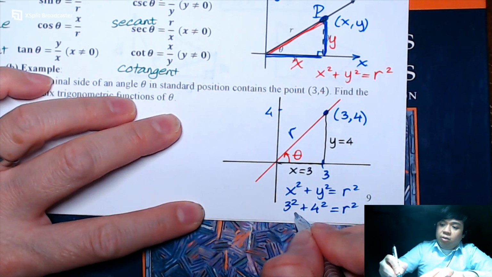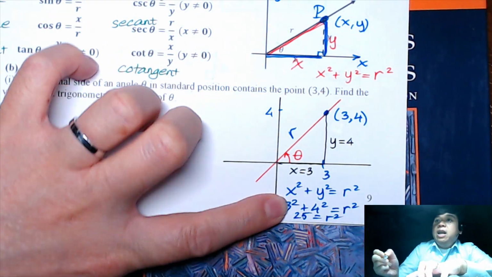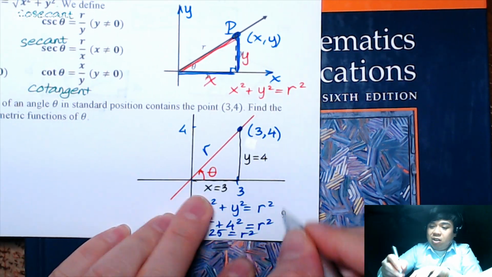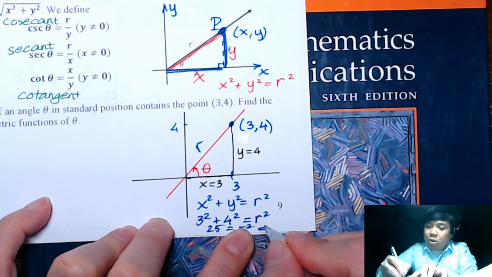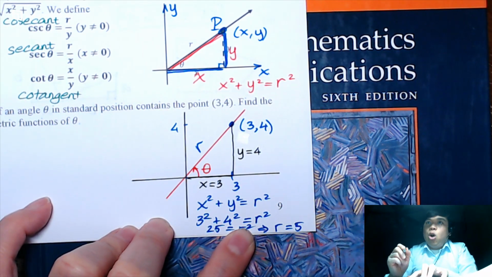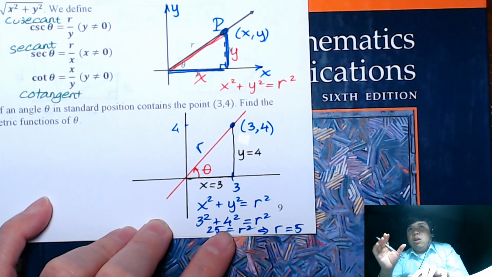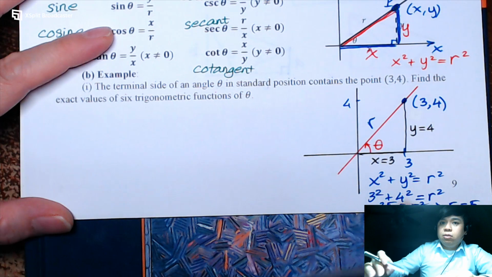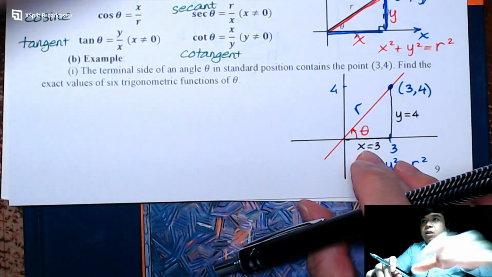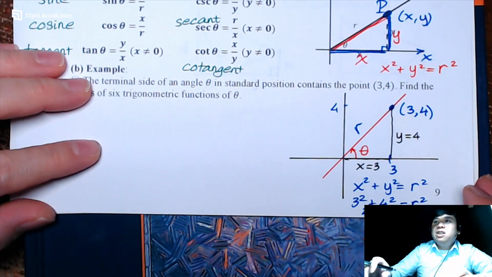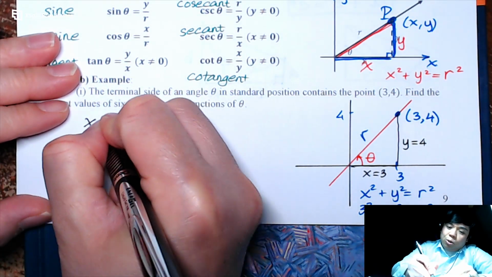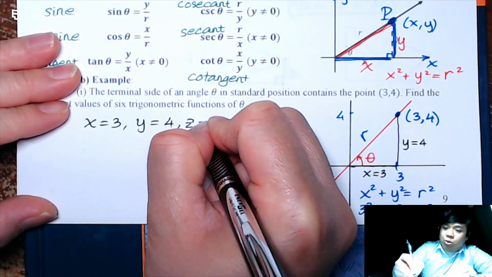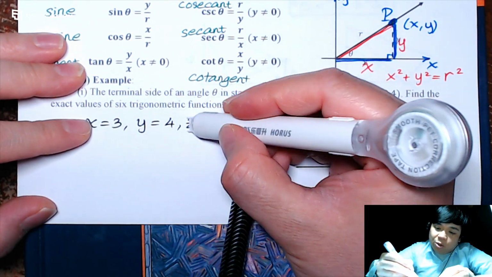So now we have 25 equals r squared. And with that, r is 5. So my picture is on my camera, the face camera is in the way, but r is equal to 5. So x is 3, y is 4, and r is 5. Let's write that out. x is equal to 3, y is equal to 4, and r is equal to 5.